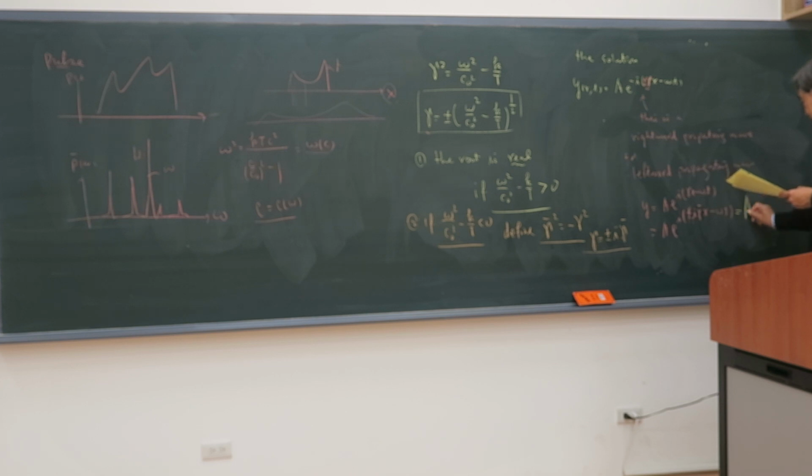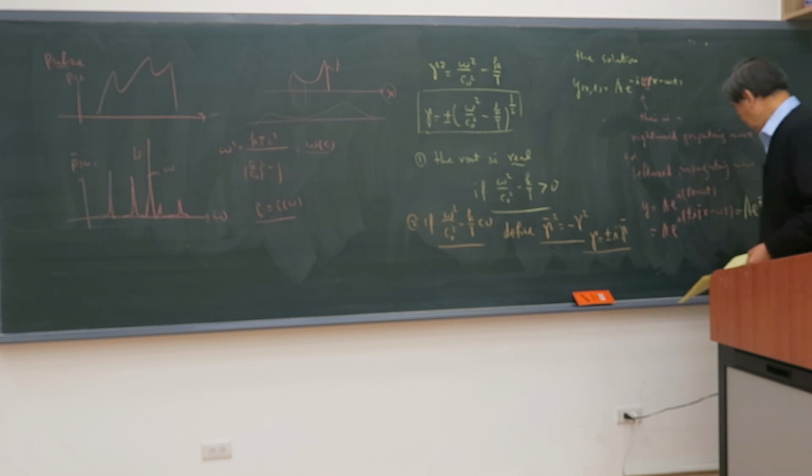So this will become A e^{∓γ-bar x} times exponential of −iωt. This is cosine(−ωt) plus i sine(−ωt).